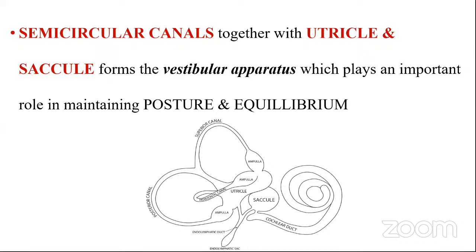This endolymphatic duct is connected to the saccule, as I said, and the saccule is connected to the cochlea through the cochlear duct. So that is the connections of these semicircular canals, utricle and saccule.